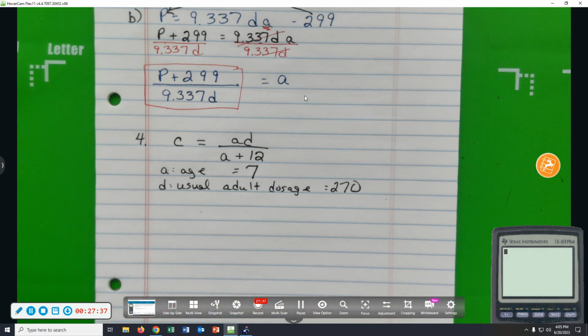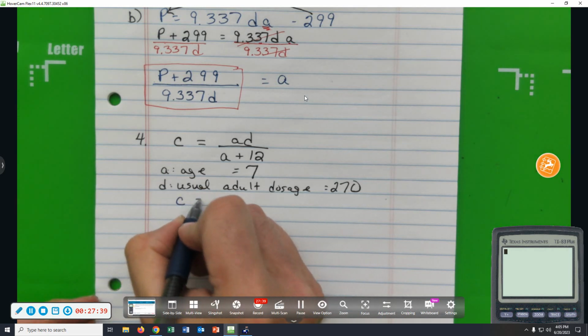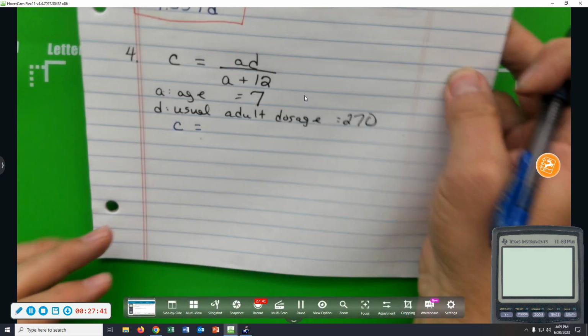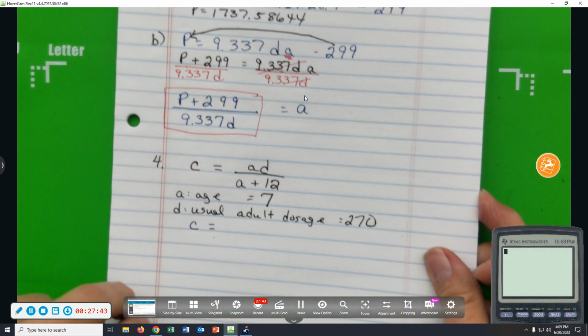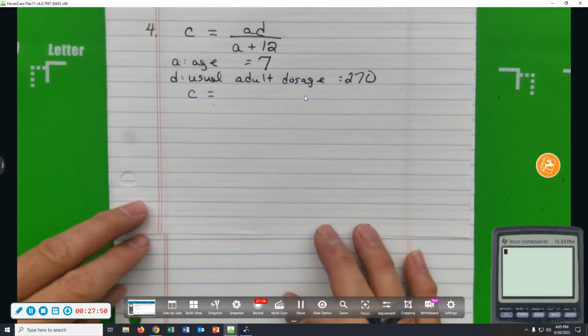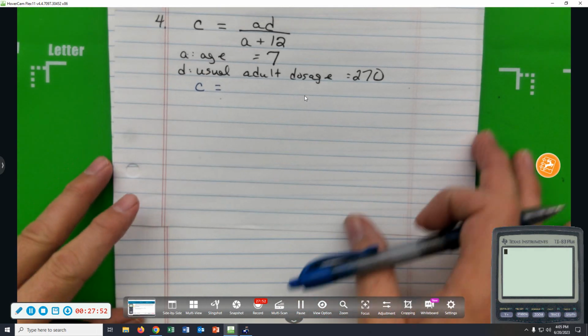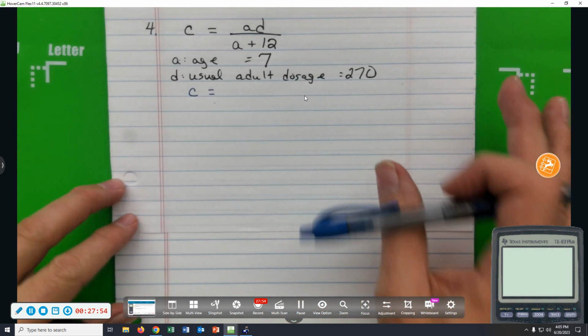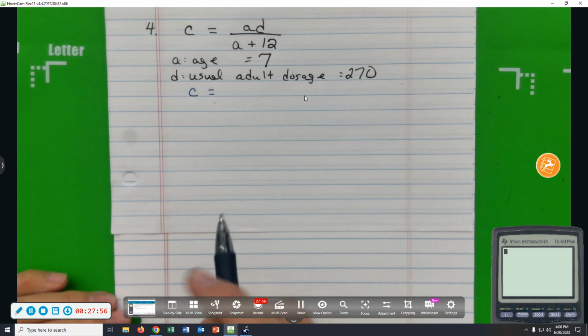So here we go. C equals... I didn't have my spiral notebook today. That's why I'm writing it on this tablet here.